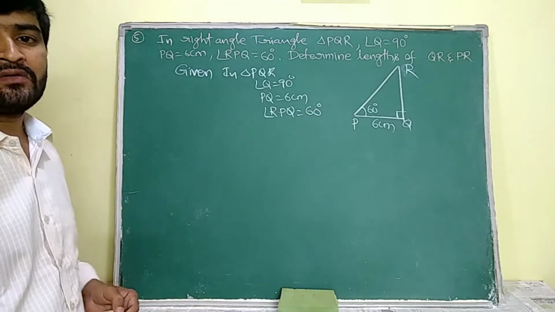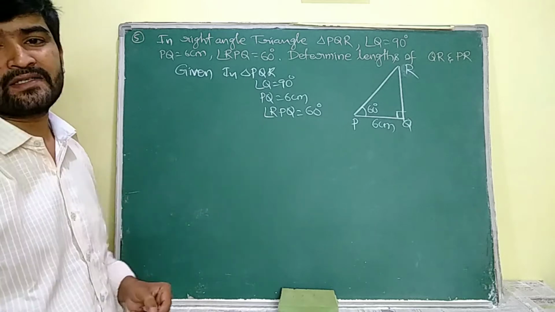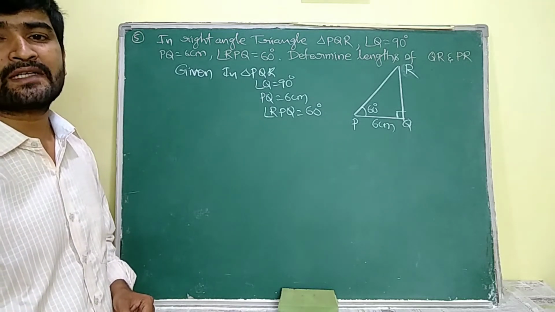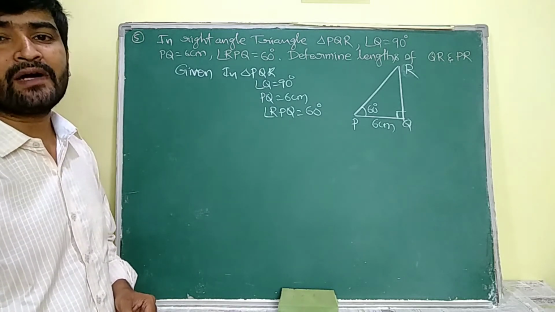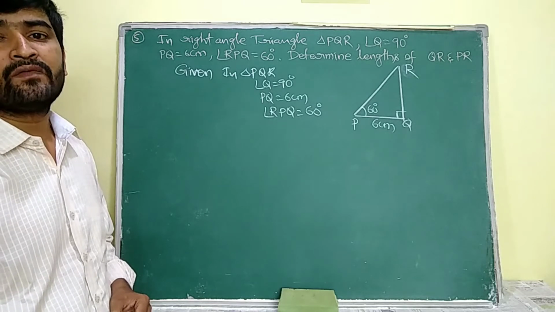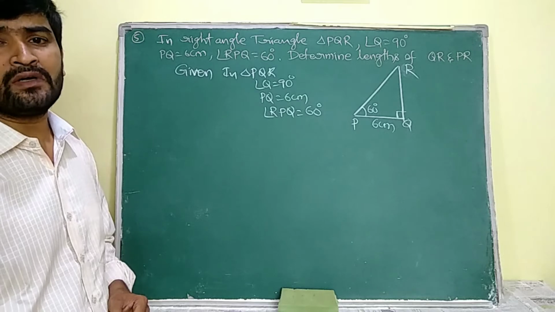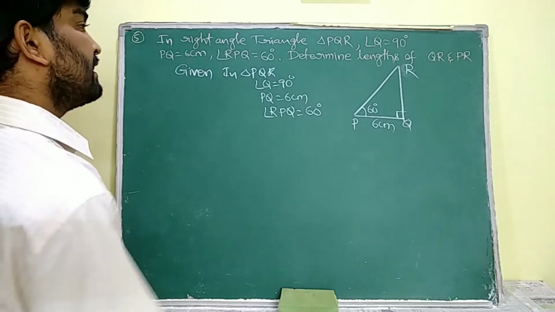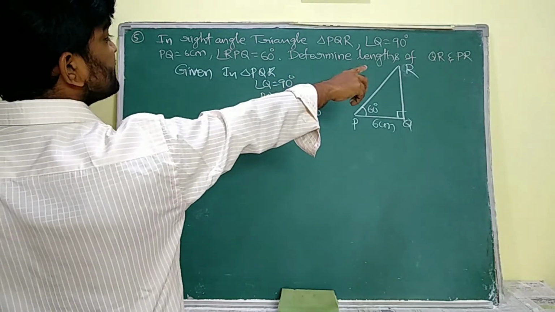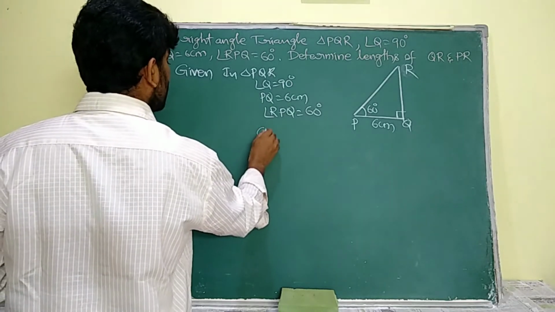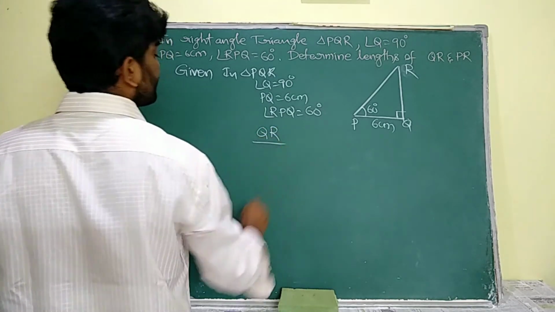To find the unknown sides, we have to follow one strategy: required side by known side, with respect to the given angle, gives which trigonometric ratio. Here I want to calculate the sides QR and PR. Firstly I am going to calculate QR.